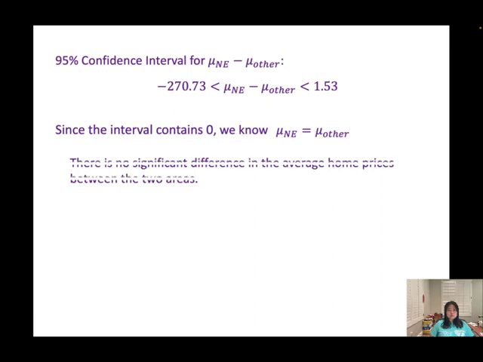Okay? So we're gonna say there's no significant difference. So we're gonna say there is no significant difference in the average home price between the two areas. Okay, right? So this is how you guys construct the confidence interval for the two population means.